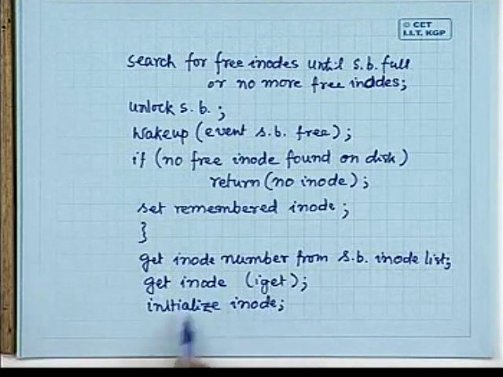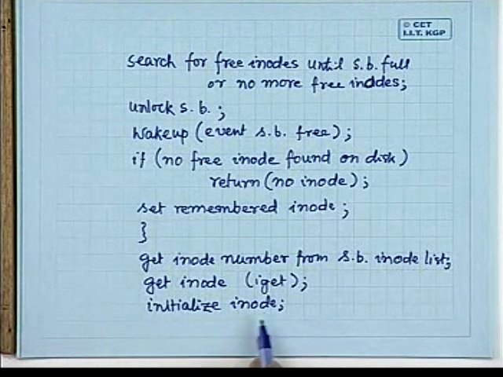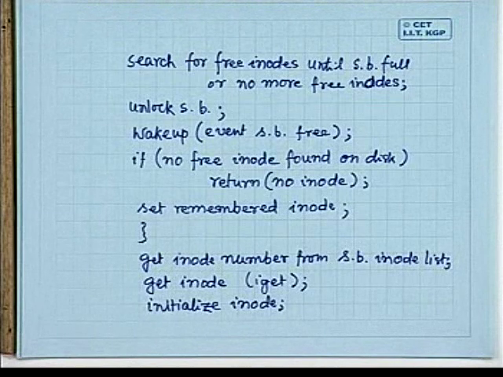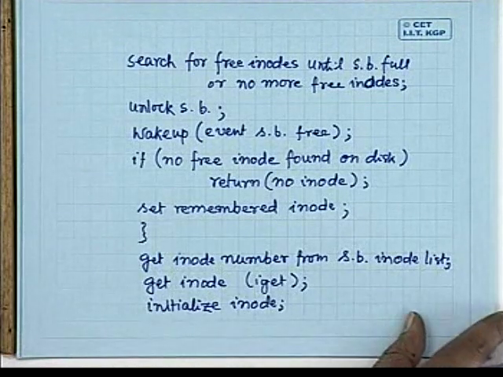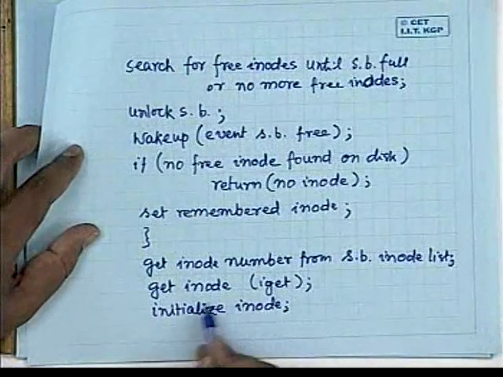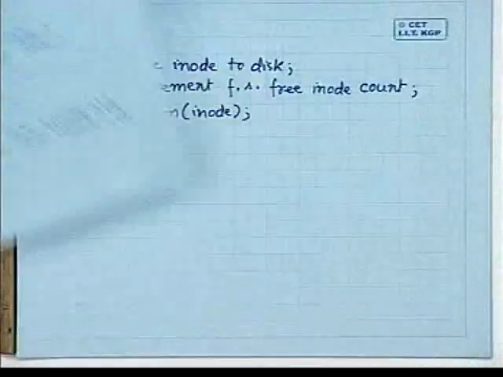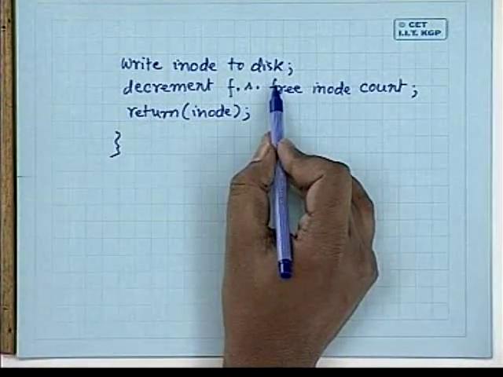Once you get that, then you have to initialize the inode. For initialization, what I mean is you have to set the reference count equal to 1 and other necessary things. Once that is done, this updated copy of the in-core inode has to be saved onto the disk inode. So you write the inode to disk.